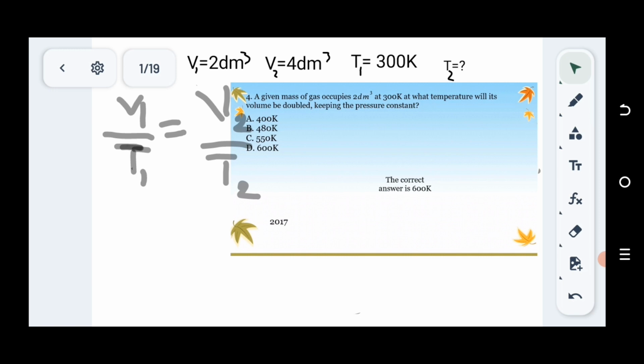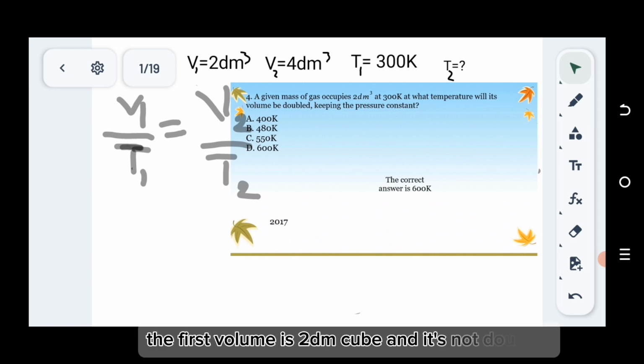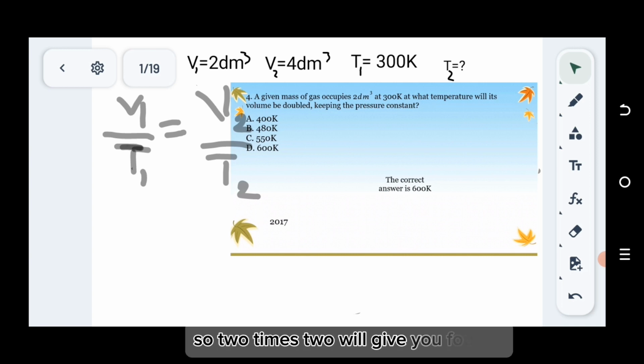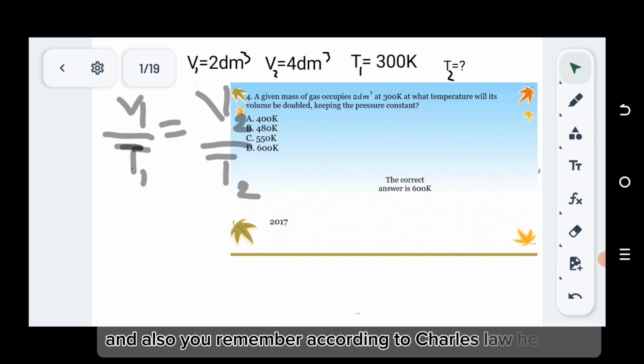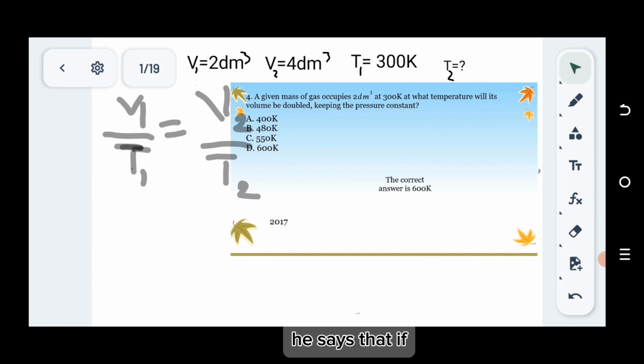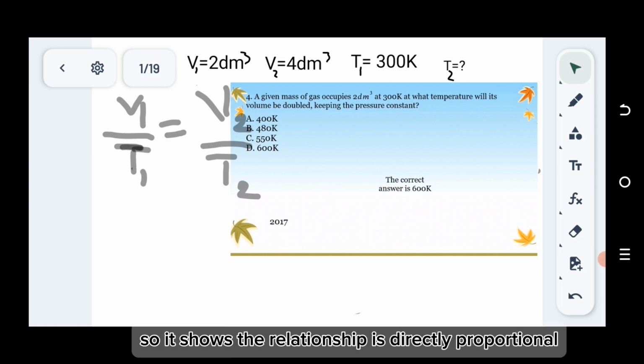If the first volume is 2 dm cube and it's now doubled, 2 times 2 will give you 4. And you remember, according to Charles' law, if the temperature is increasing, the volume is also increasing. So the relationship is directly proportional.